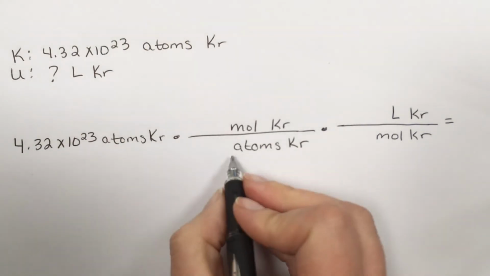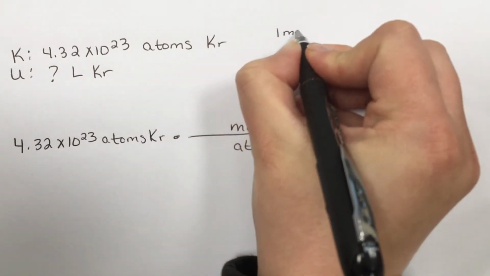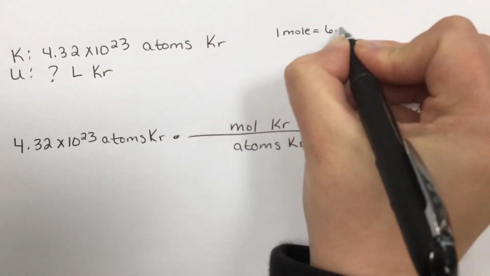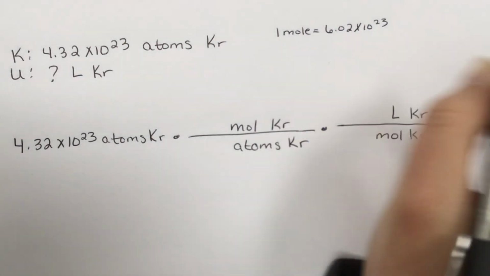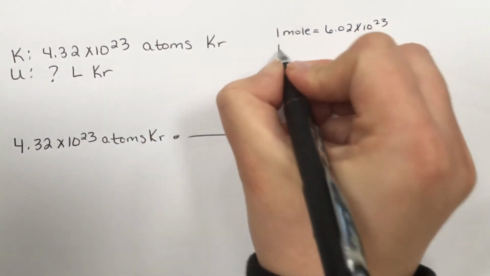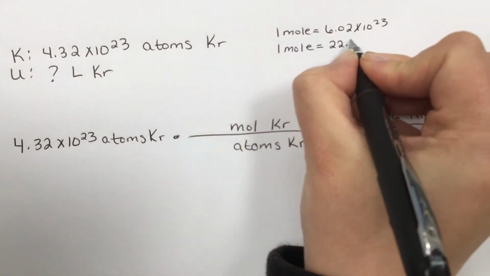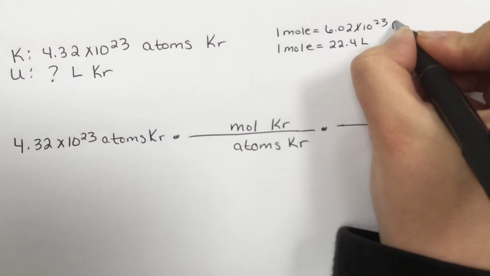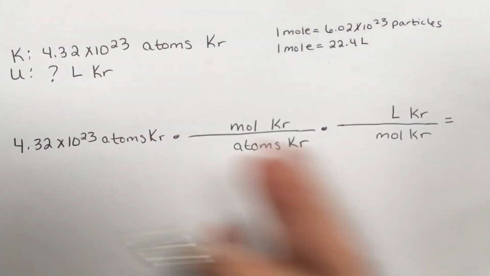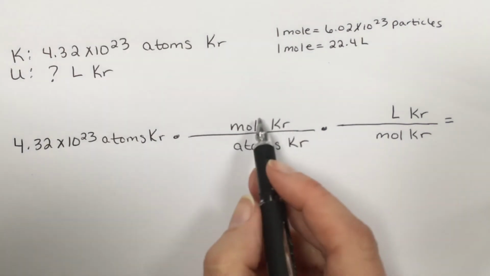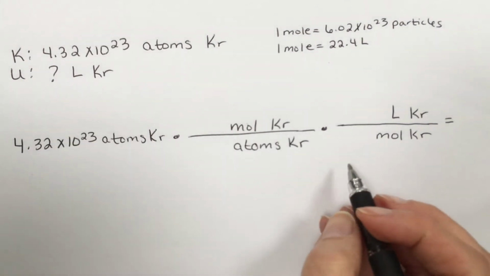So here, our conversion, remember, for every 1 mole, it equals 6.02 times 10 to the 23rd particles of anything. And also remember the conversion factor, 1 mole equals 22.4 liters. So these are the 2 conversion factors we'll need. We usually just convert to moles so that we can convert to whatever it's asking for.